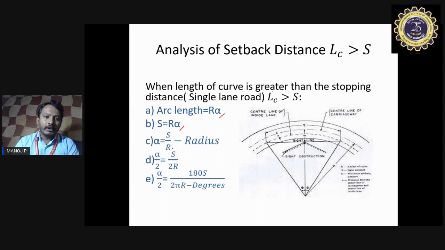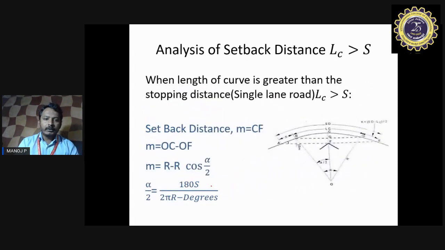Alpha is equal to S divided by R, where R is the radius of the curve. Alpha by 2 is equal to S divided by 2R. They are all derived equations. Alpha by 2 is equal to 180 S divided by 2 pi R, expressed in terms of degrees.